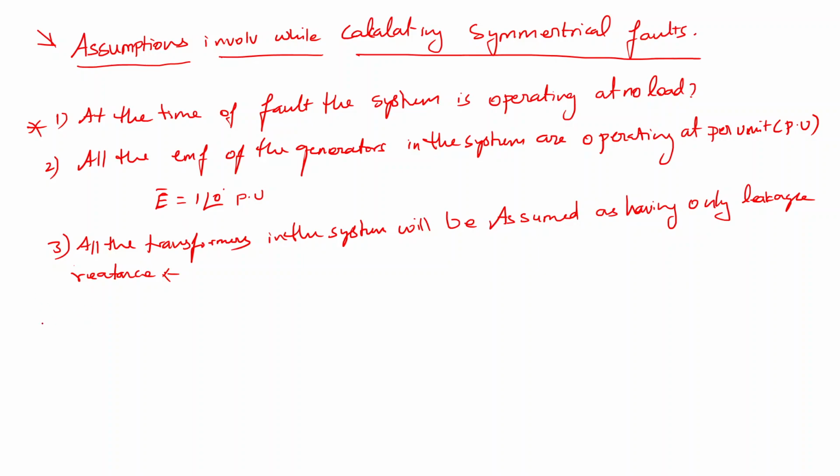Okay, and then the fourth point is, for transmission lines we will neglect the resistance and shunt capacitance.